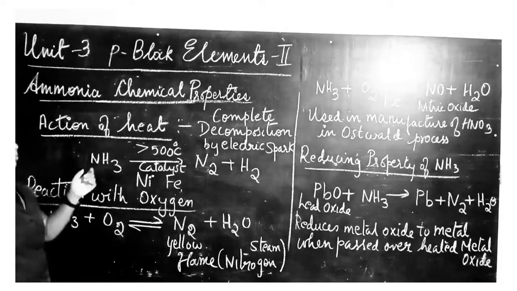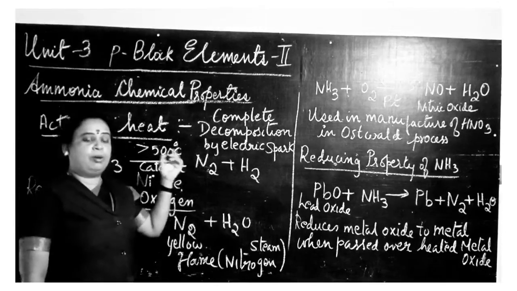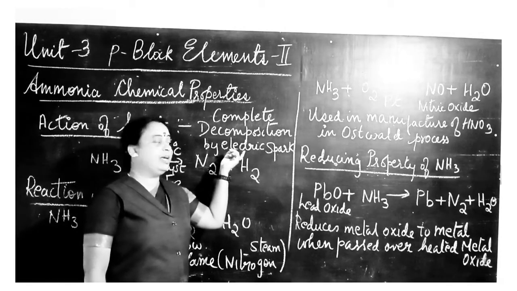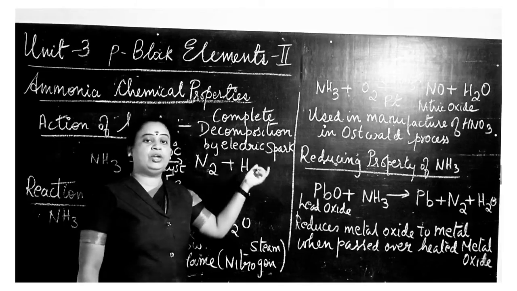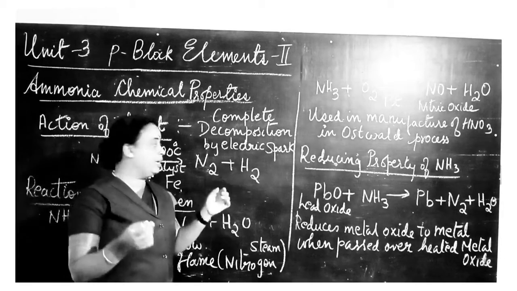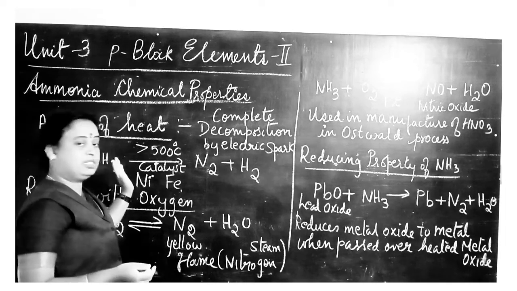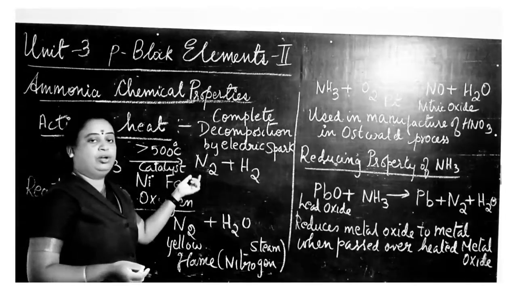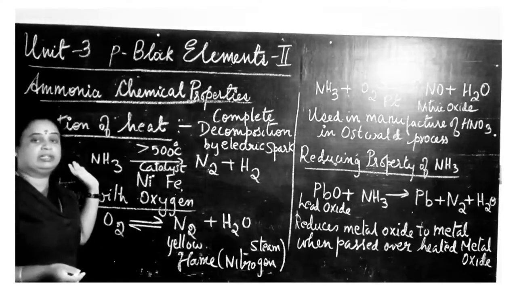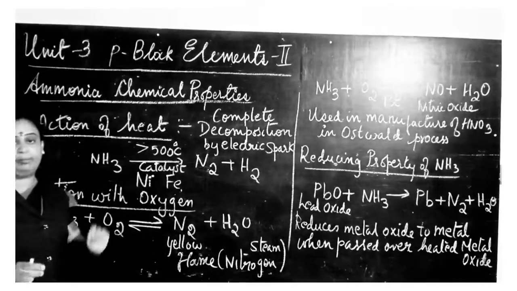Now, complete decomposition of ammonia is also possible when ammonia is subjected to continuous electric sparking. It is completely decomposed into N2 and H2. No more ammonia is retained there. Complete decomposition takes place.